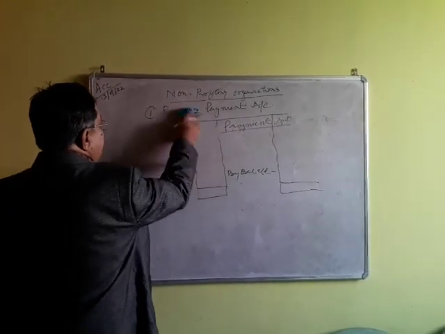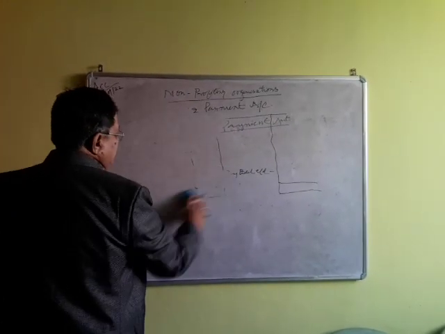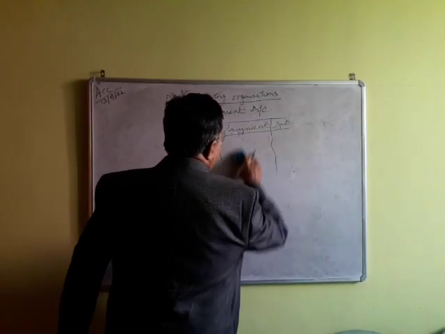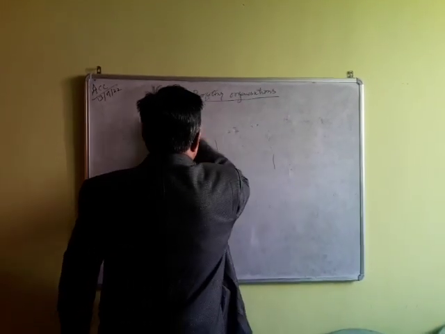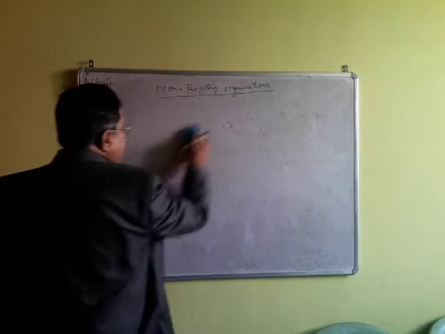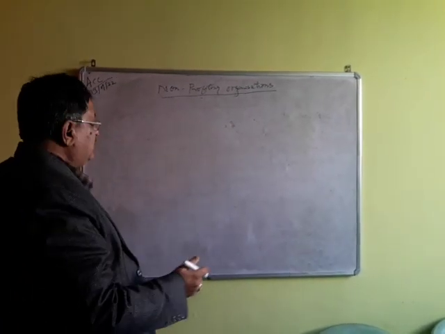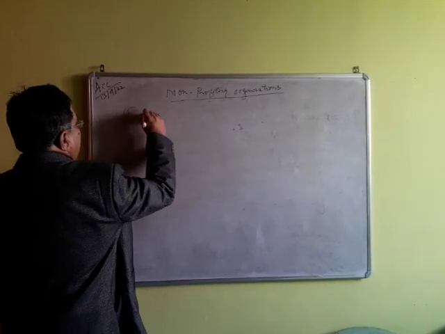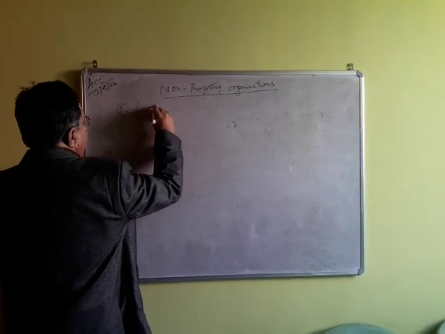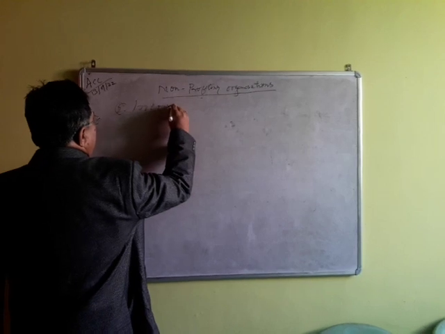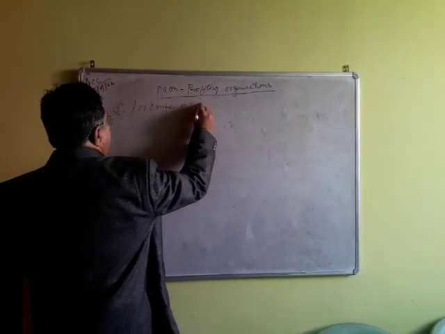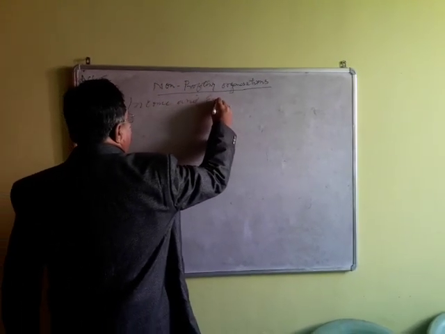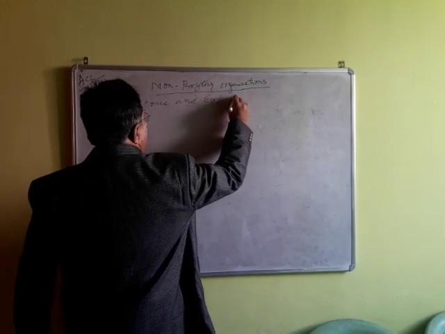The second account they prepare is the income and expenditure account, right? Children, the income and expenditure account is prepared just like a profit and loss account.